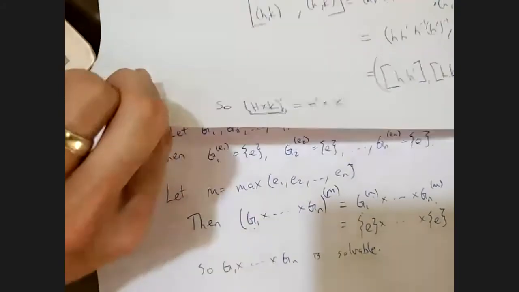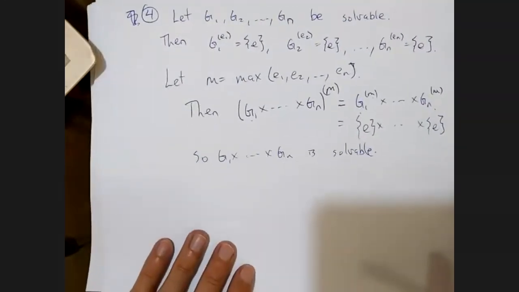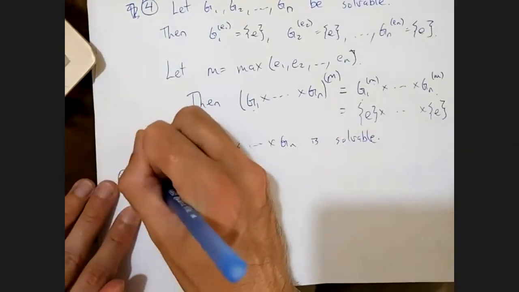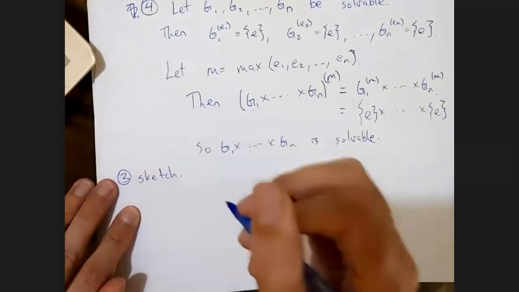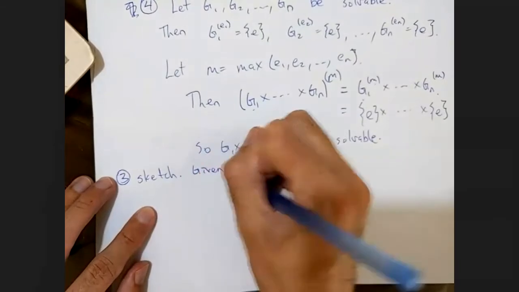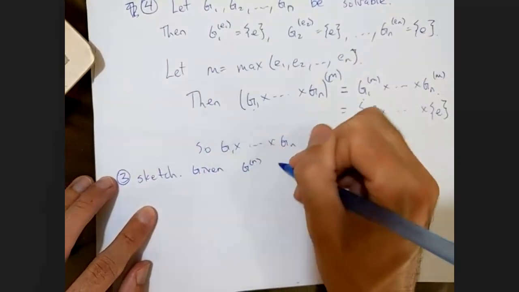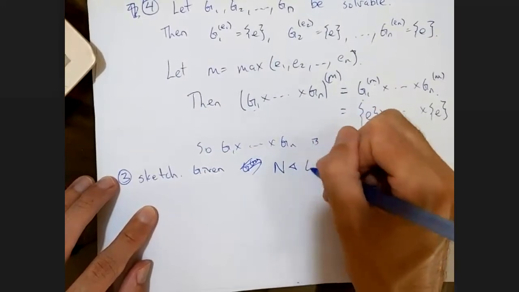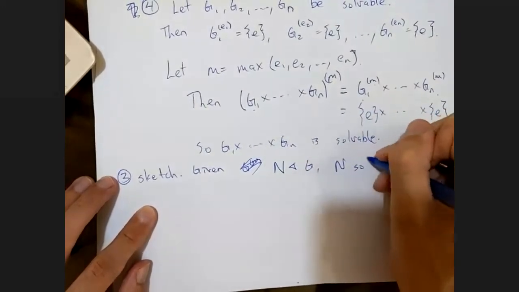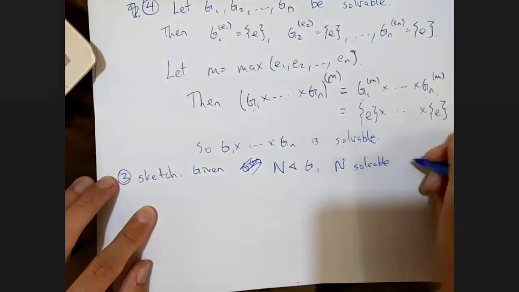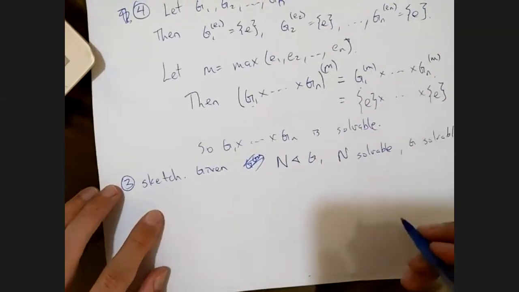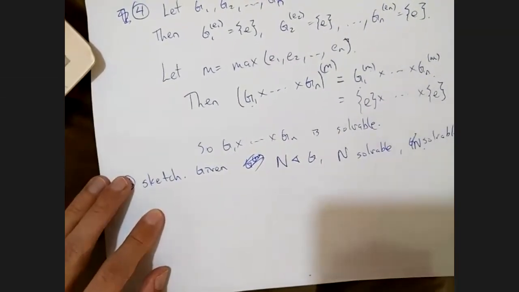Okay, and now I just wanted to sketch for you the third part. Just a sketch. We're given N is normal in G, N solvable, and G mod N solvable.